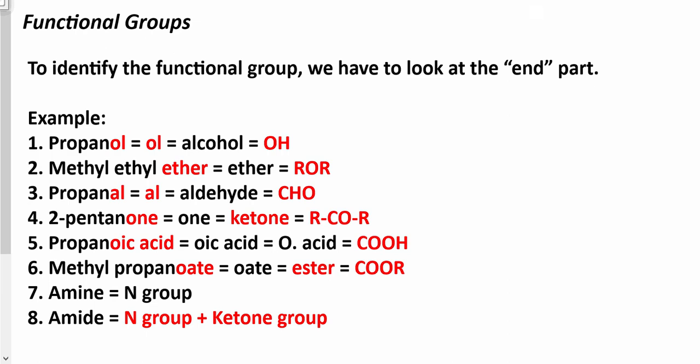If it's propanal, the name ends with AL. Those two letters represent aldehyde. The first two letters of aldehyde are also AL. Usually, when they give us a chemical formula, the formula for aldehyde is represented by CHO.